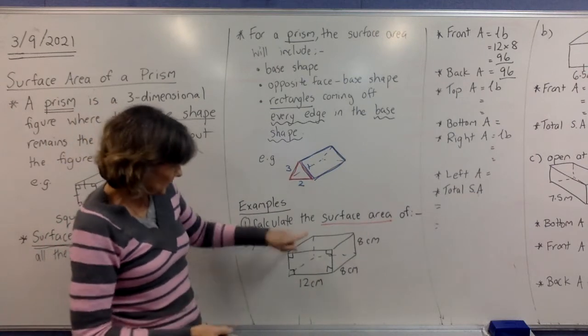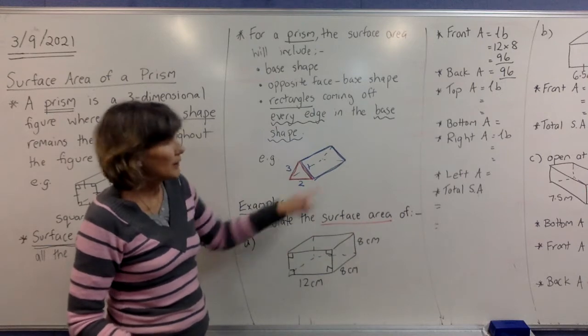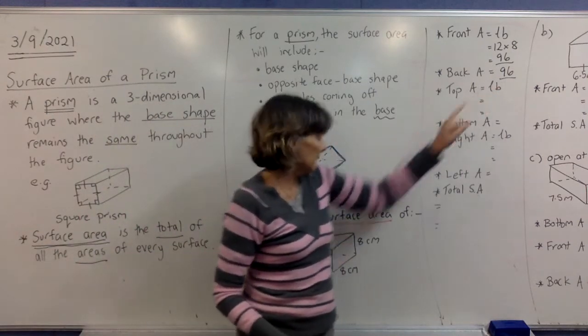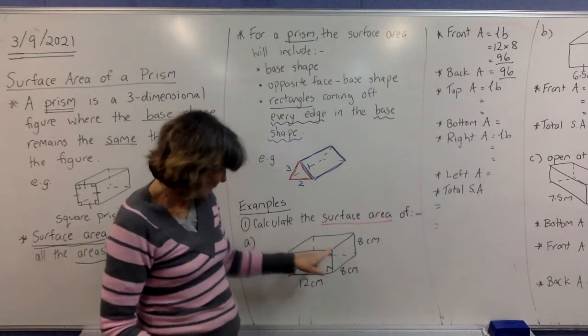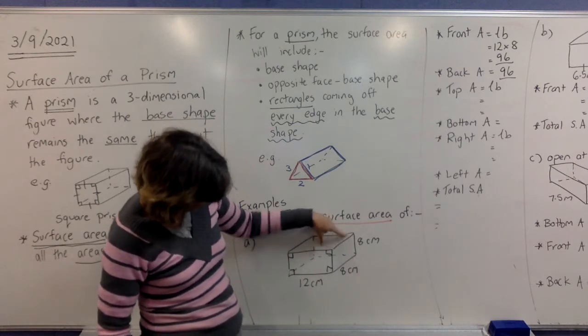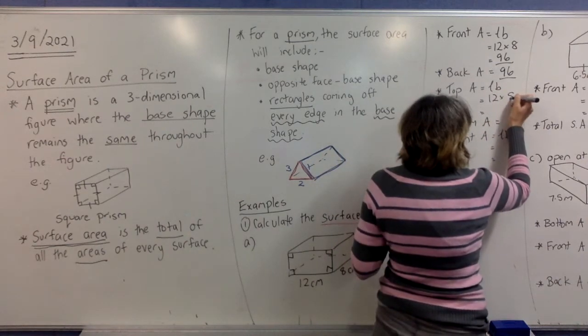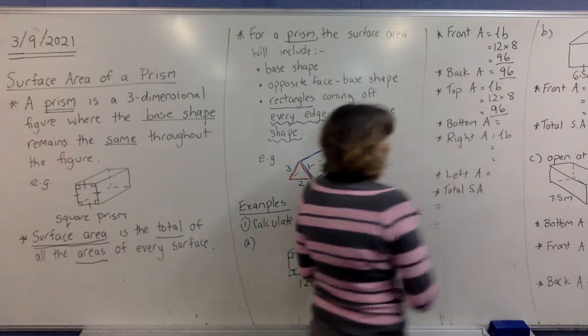Now the top area is this one up the top here, the ceiling. So we're going to do another rectangle for that, LB. Now the length is 12 and the breadth comes from here, that's 8. So we have another 96.